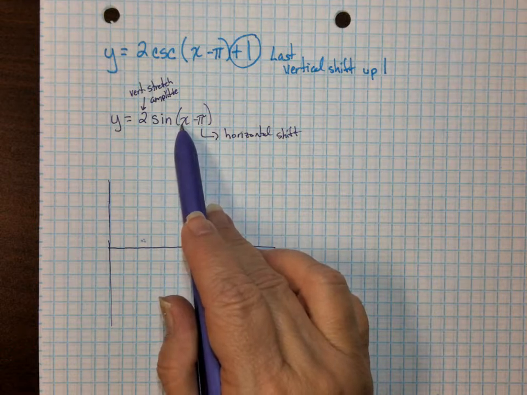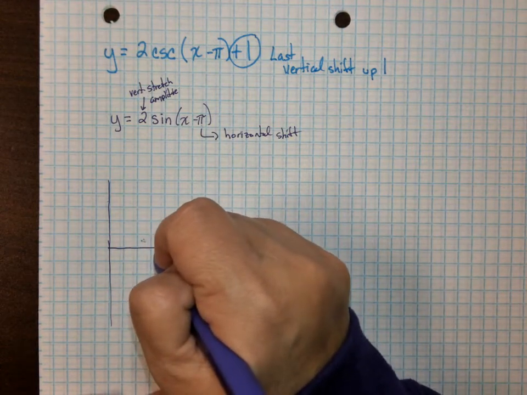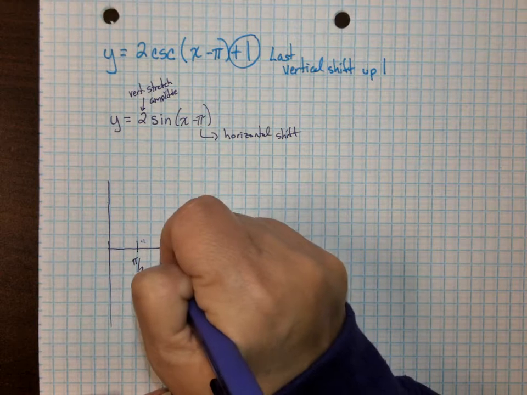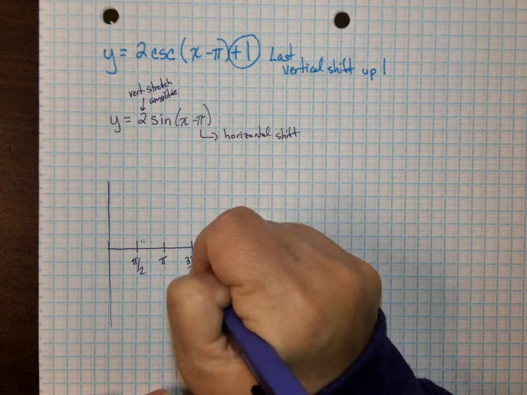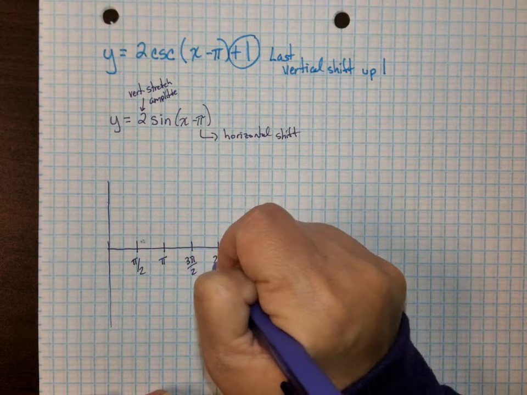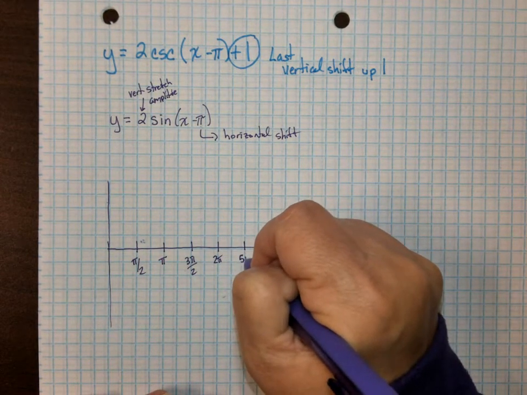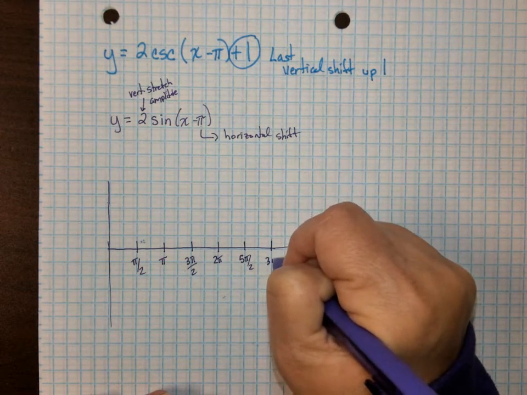We have a 1 in front of the x, so it's not changing the period or anything. So I'm going to come through and mark my graph: pi over 2, pi, 3 pi over 2, 2 pi, but then I'm going to continue 5 pi over 2, and then 3 pi.